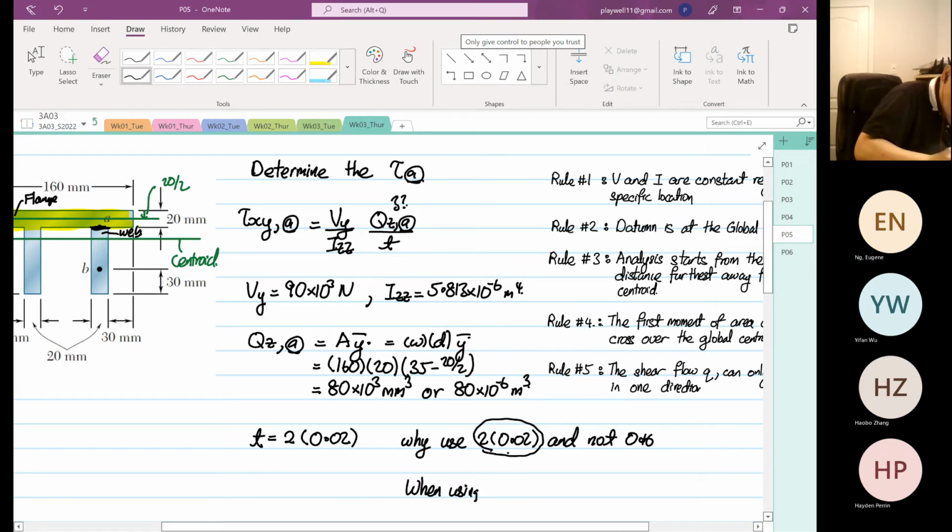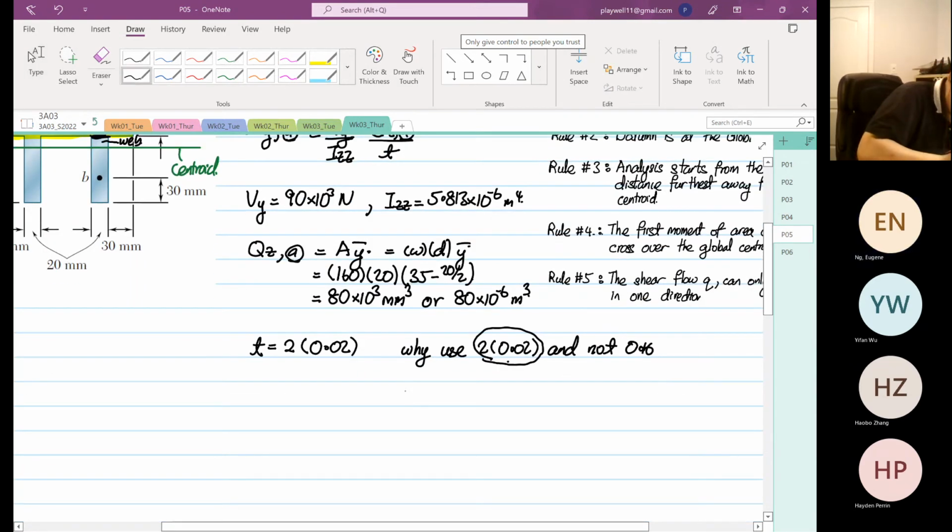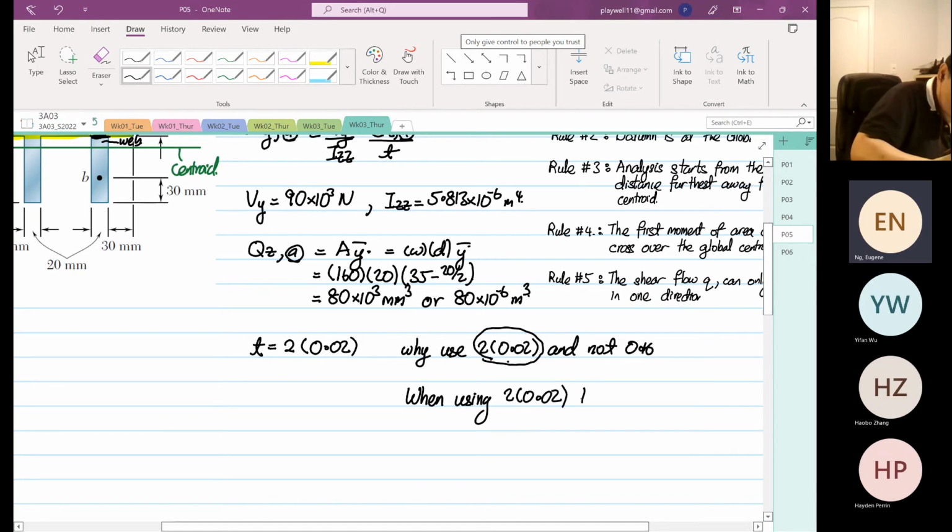We use twice 0.02 because the shear stress xy will have a higher magnitude than using 0.16 meter.